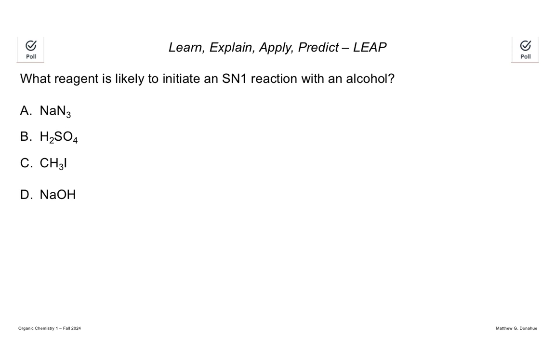So this is an ionic compound. This is an acid. This is an electrophile. This is a base. So if an alcohol is getting protonated, it needs to act as a base to react with an acid. So sulfuric acid would be the best reagent to kick off an SN1 reaction.